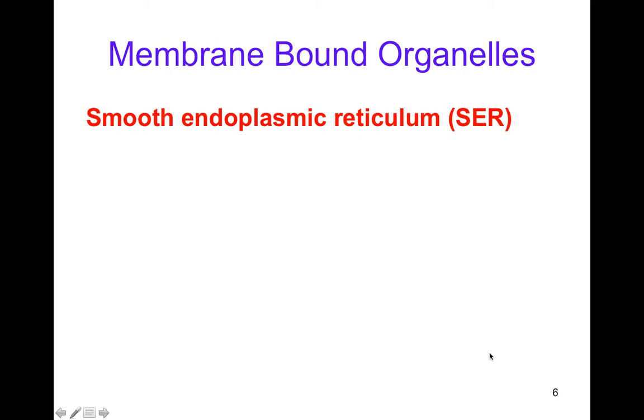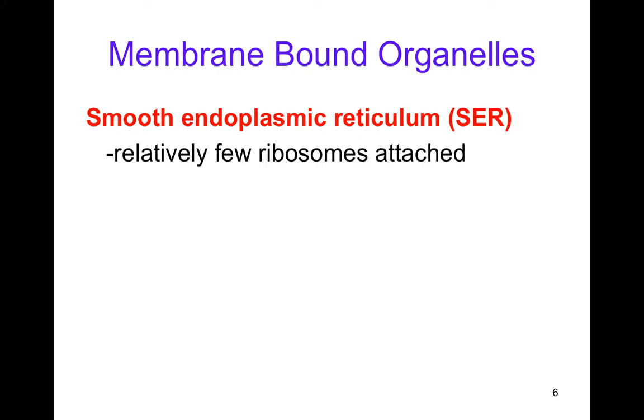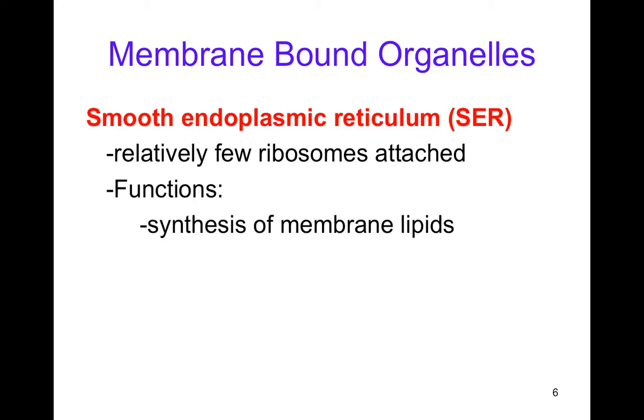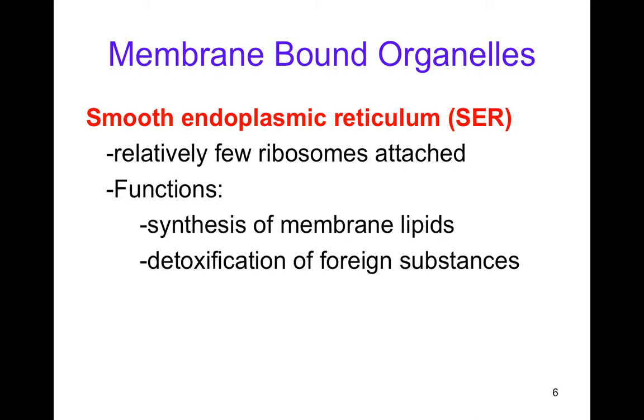The next organelle is called the smooth endoplasmic reticulum. This has very few ribosomes attached, so its function is primarily to build lipids or fats that are eventually going to be made into membranes. That's its role. It builds membranes. It is also used to detox foreign substances.